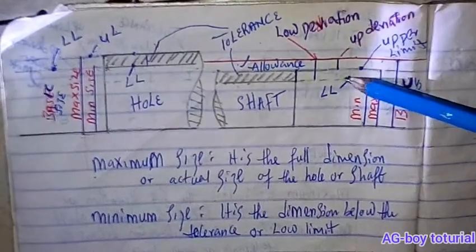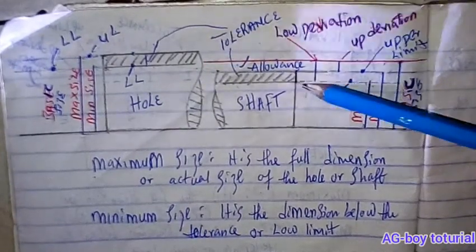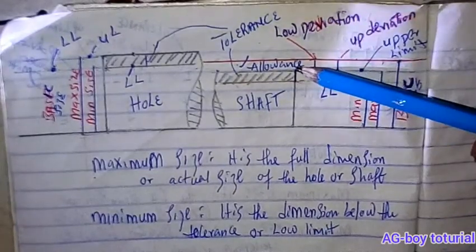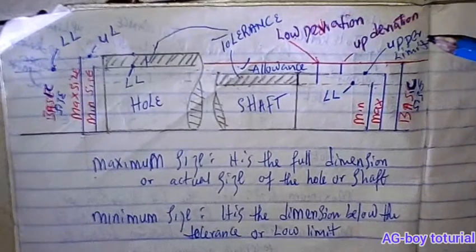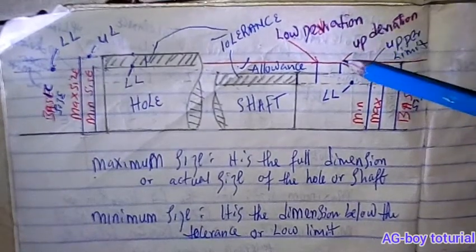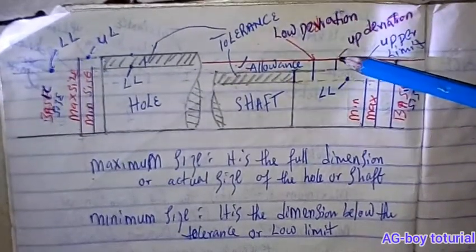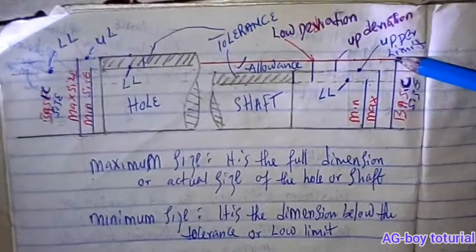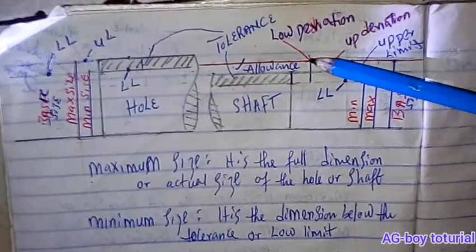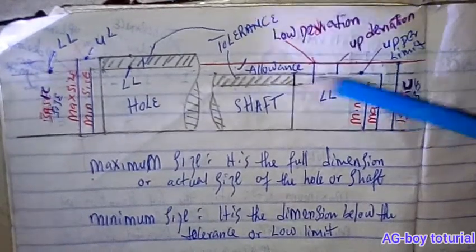Then this point here is my lower limit, while the upper part here is my upper limit. Then for the upper deviation, it is from the top of my basic size, from this point down to my upper limit of my tolerance in my shaft.